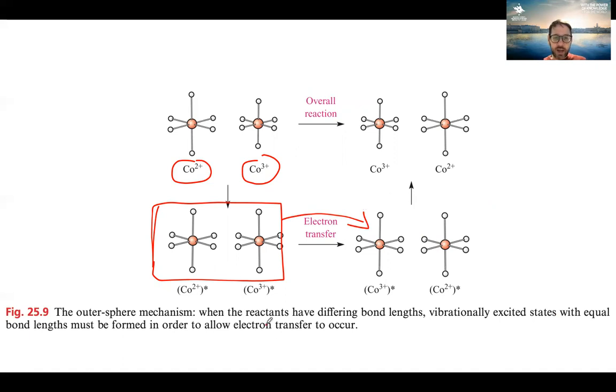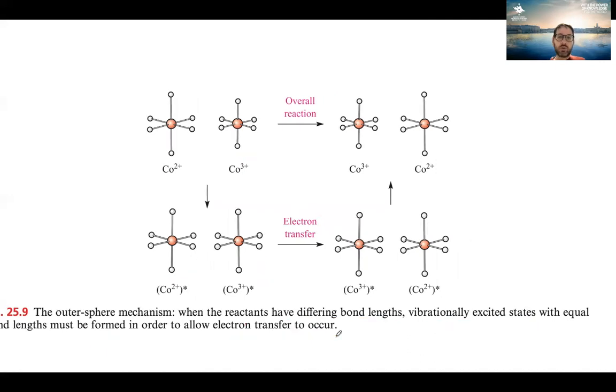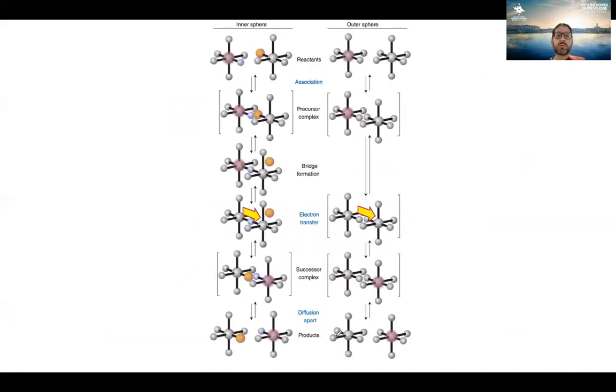When the reactants have different bond lengths, vibrationally excited states with equal bond lengths must be formed in order for the electron transfer to occur. So this is a comparison between the inner sphere and outer sphere mechanisms for redox reactions in coordination compounds.